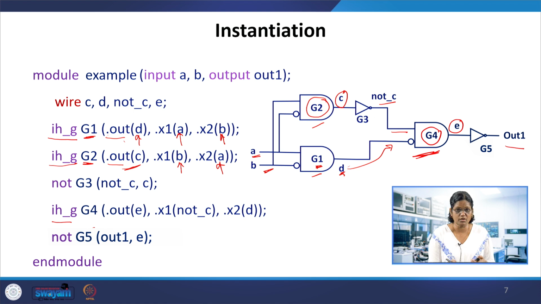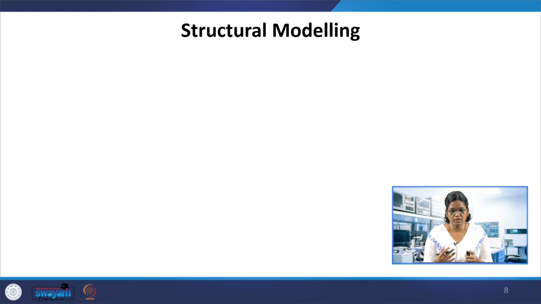So these statements are executed simultaneously, and the order in which we write them doesn't matter. So this example shows the instantiation of one module inside another module with the format of named port association.